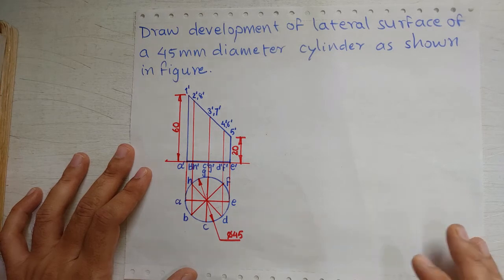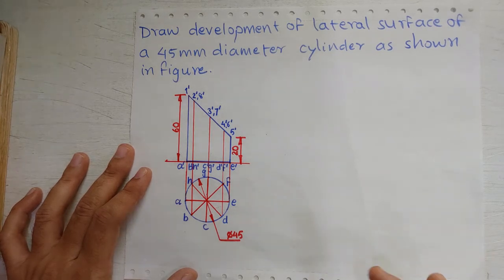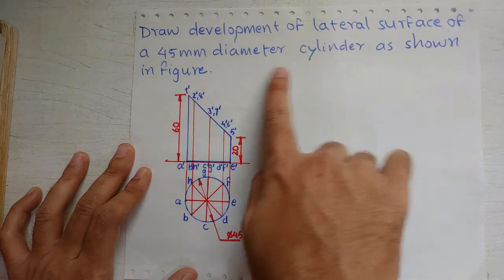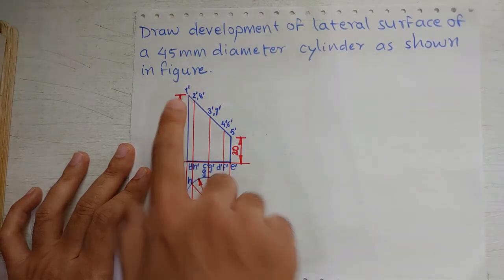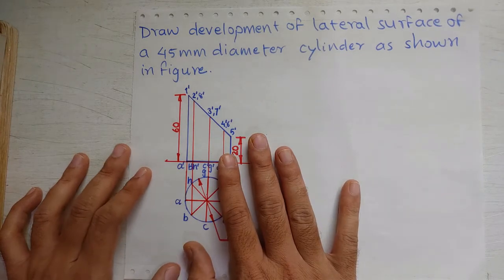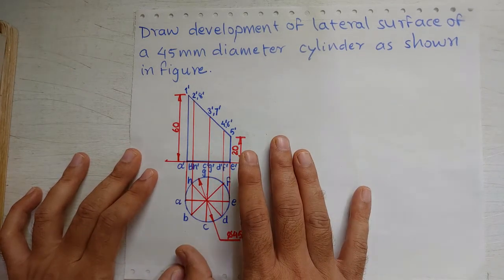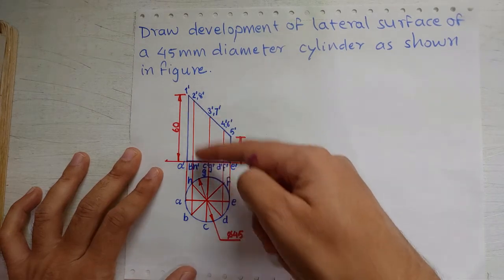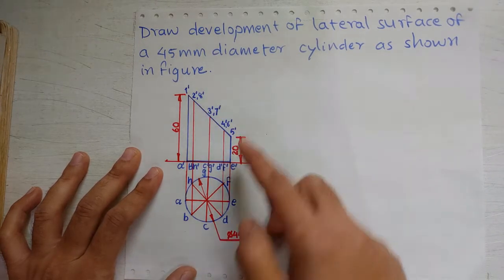In the problem statement, either you will be given some description or you will be given the front view and top view of the solid itself. Here, as it says 45 mm diameter cylinder as shown in the figure, the figure will be given to you. That figure may not be like this, meaning there will not be these generators or the notations.